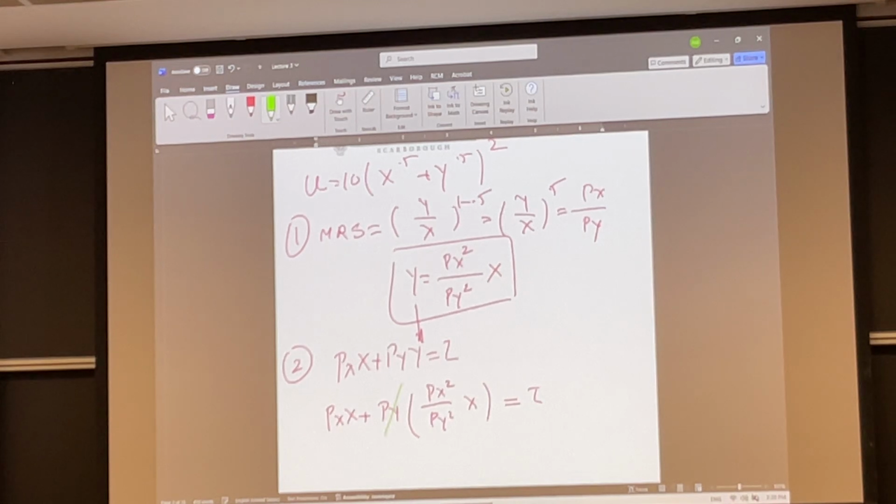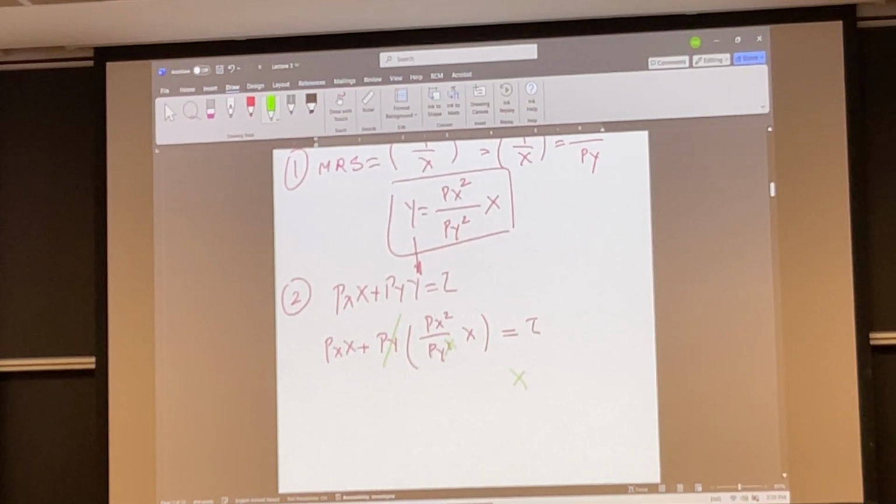That will cancel out with this one. So what's the demand for x? It should be I over px plus px squared over py. Am I right? Yes.